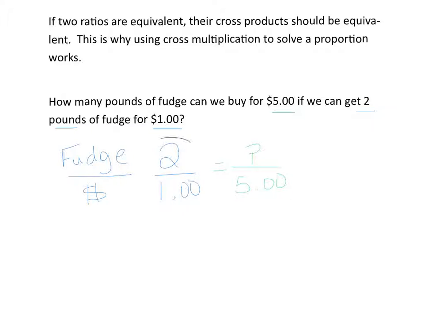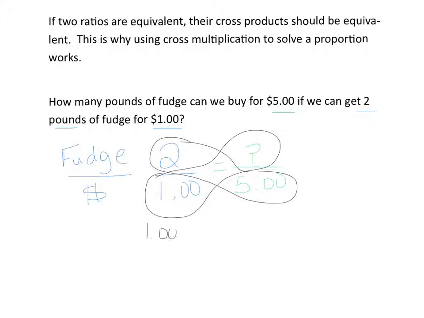When we cross multiply, I know that there are lots of fun little mnemonic devices that you have been taught by math teachers in the past, but you will not hear me use them. It's called cross multiply. It's saying we're going to take $1 times p, and 2 times 5. Please take the steps to write out this multiplication.